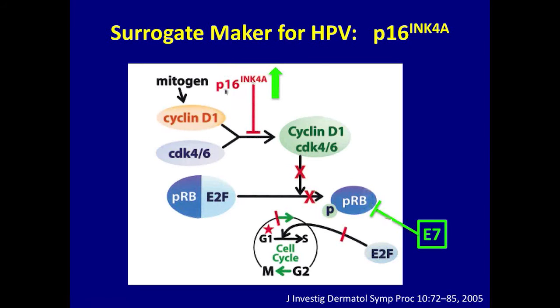And this is important because the most common way to check for the human papillomavirus within your tumor is to actually check this protein, P16, which is not directly related to HPV, but is indirectly a surrogate marker for the presence of HPV infection and HPV activity in your cancer.